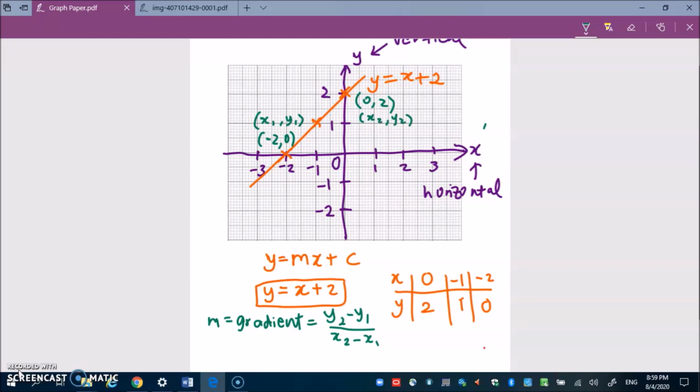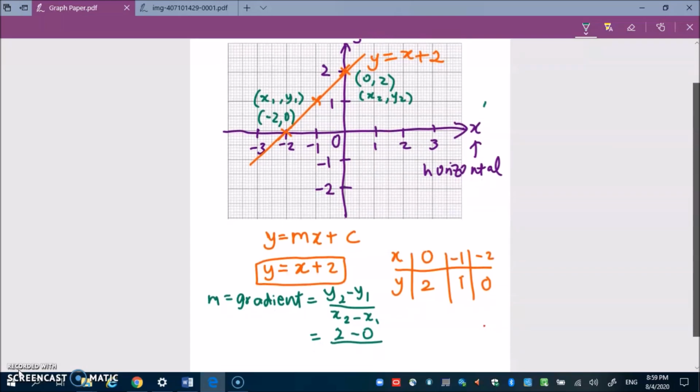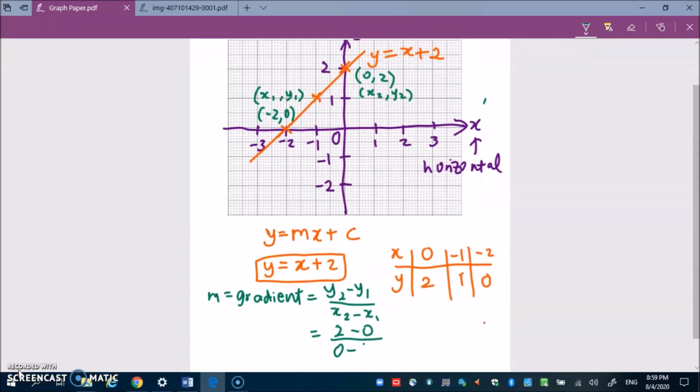I'm going to apply the formula (y2 - y1) over (x2 - x1). So 2 minus 0 over 0 minus -2. Correct, 0 minus -2. So this is just 2 divided by 2, which means my gradient is 1.